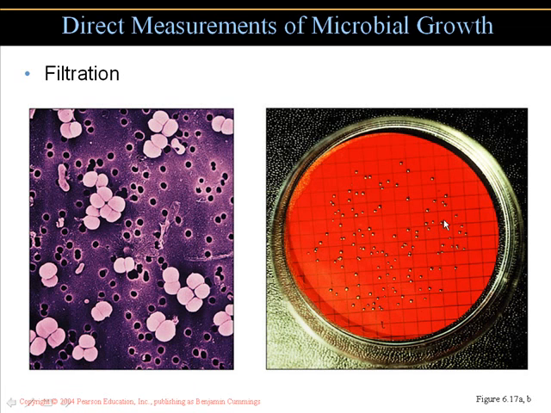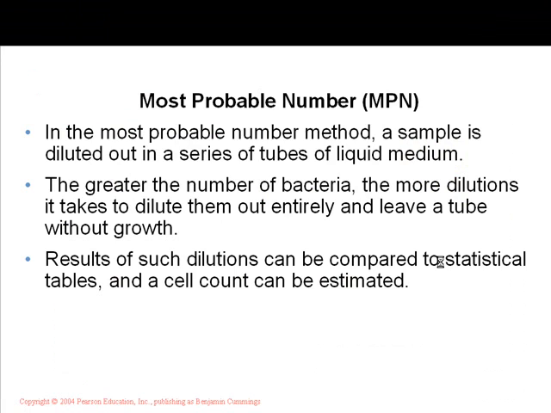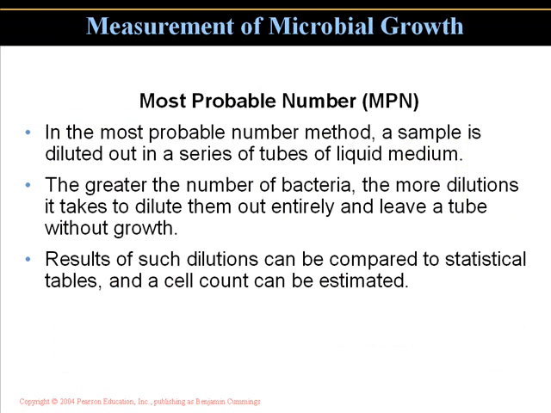Sometimes colonies are reported per high-powered field, and they'll take a grid, and you see how this culture plate has been gridded. They'll count the number of microorganisms in a particular grid, and then there's a formula that the number is inserted into, which gives the actual count.